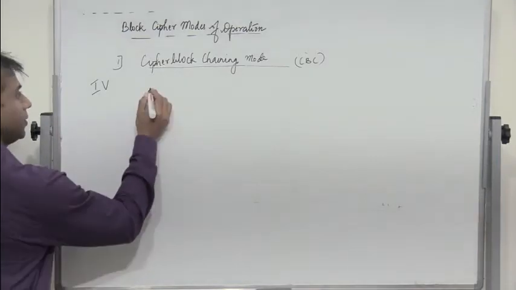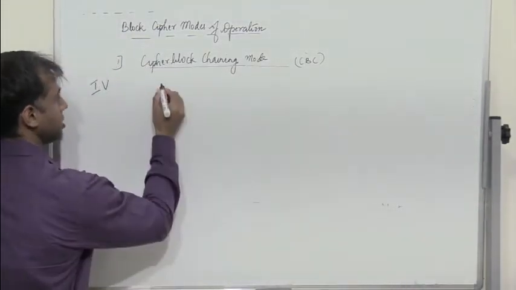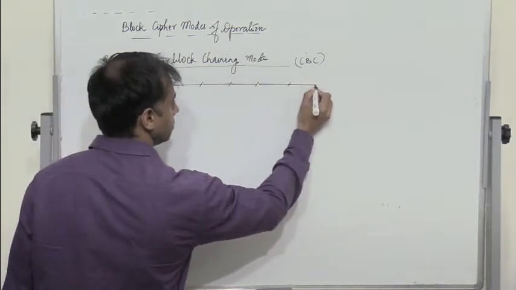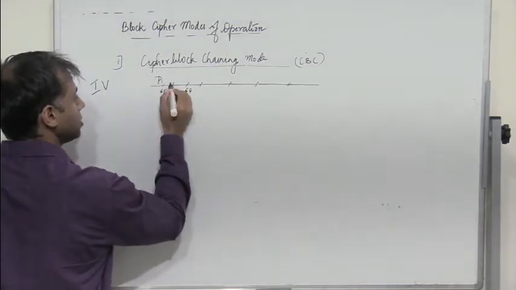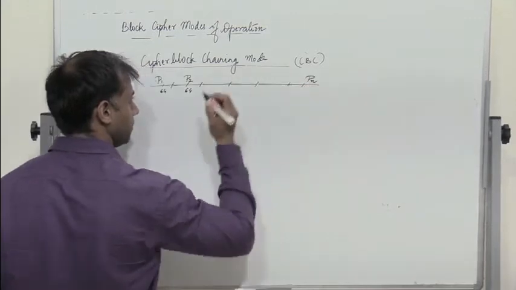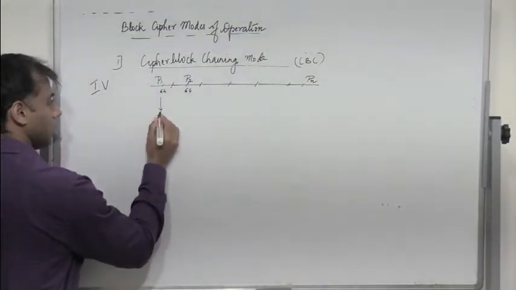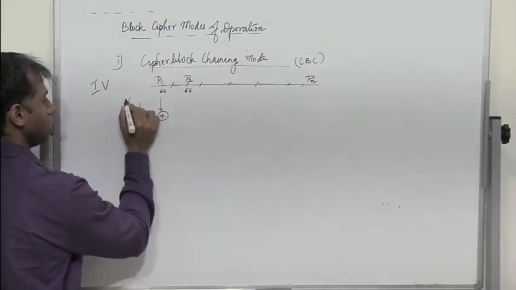So what is done is the first plain text block. So again here the entire input is divided into blocks of 64 bits. So let me call this as P1, P2 and Pn. Okay, so the first plain text block is initially XORed with the initialization vector.